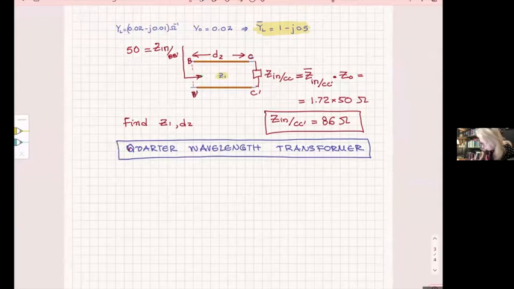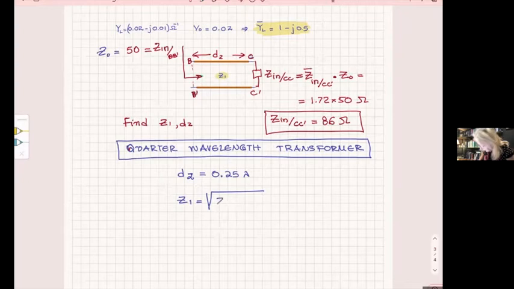Quarter wavelength transformer is this section of the line when D2 is a quarter of a wavelength. And in that case, Z1 is the square root of the input, which is the one I'm going to create at the input, Z input at BB prime, times the load I have at the end of the line, which is this one.